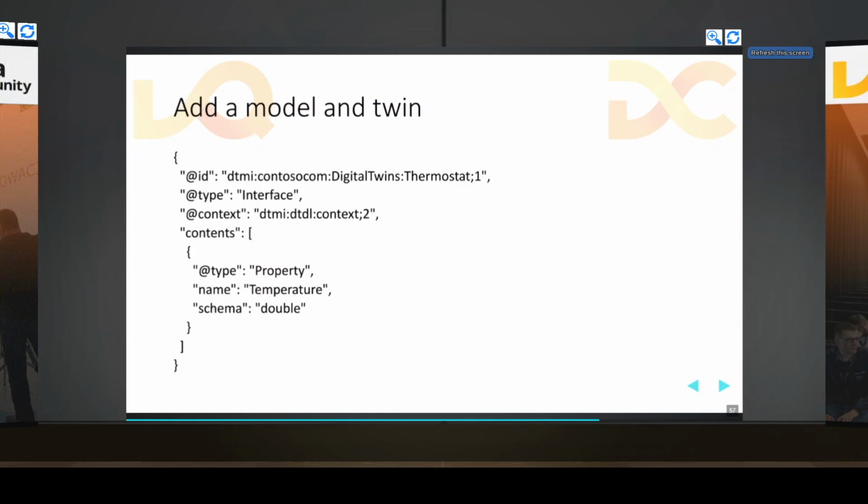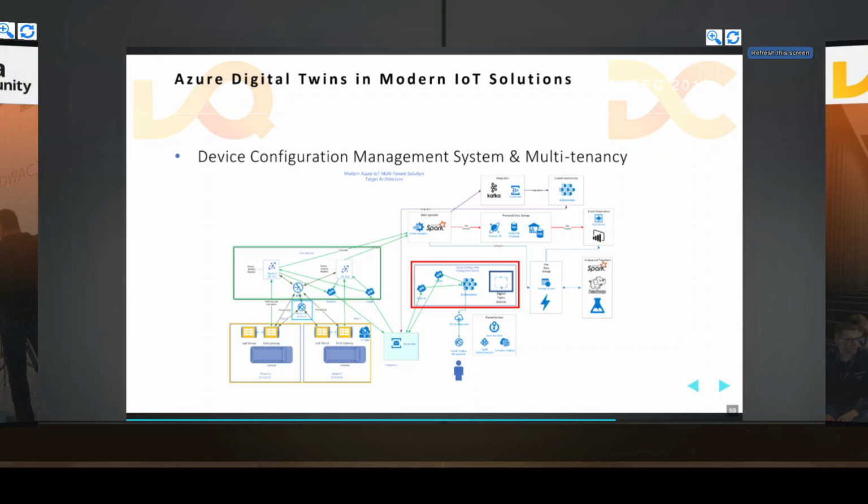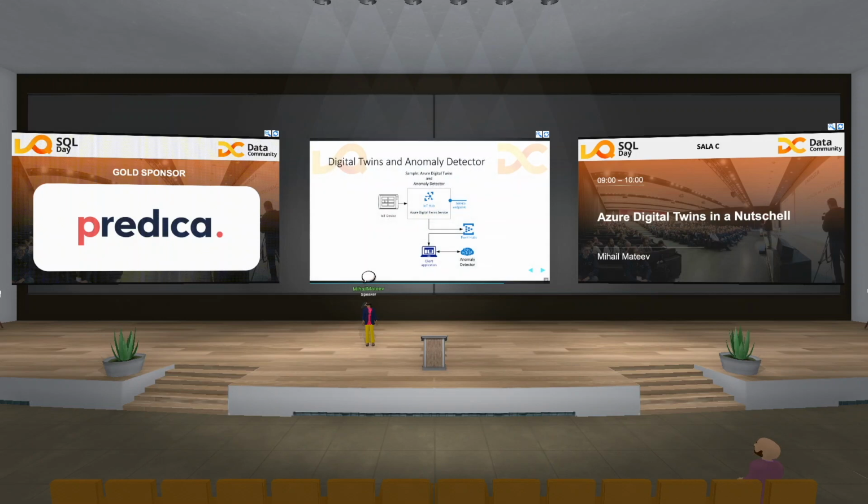In DTDL, this language for modeling, you have options with JSON syntax to implement the design of our models. So this is the most important implementation of the Azure Digital Twins concept, which is becoming more and more popular as a common data model for IoT solutions. This is a high-level design of real-life solutions which we are developing.